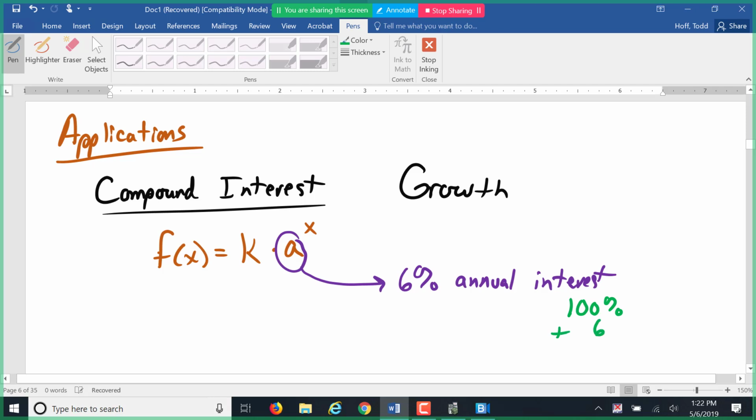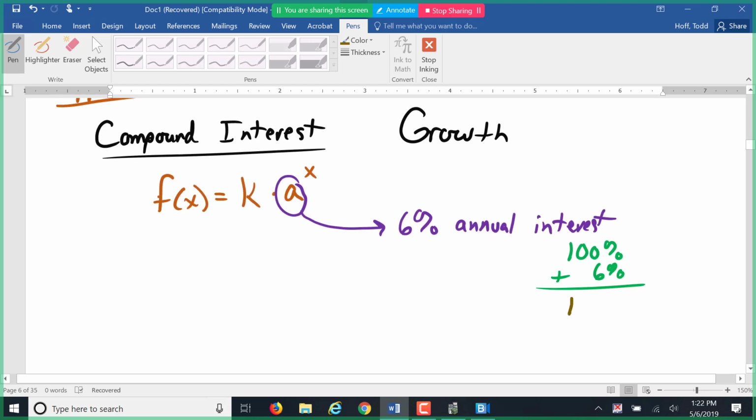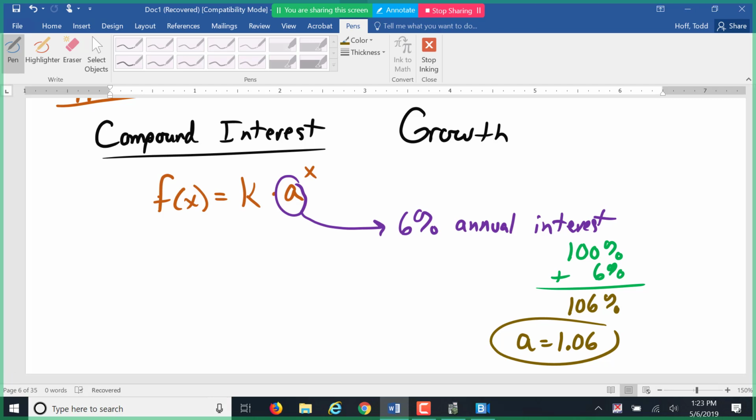If we add 6% interest, we end the year with 106%. A is the decimal form of that. So A is 1.06. Now, even though that's really close to 1, it is slightly larger than 1. And to be growth, remember, we just have to be larger than 1.